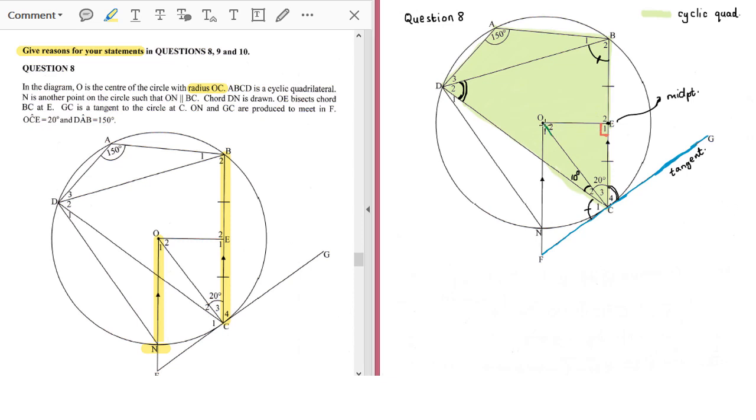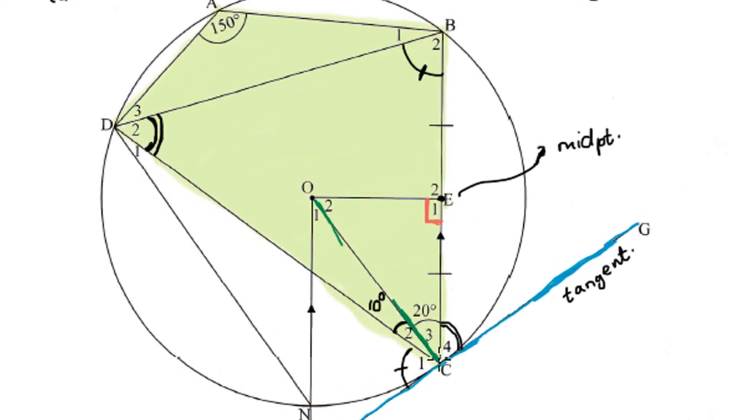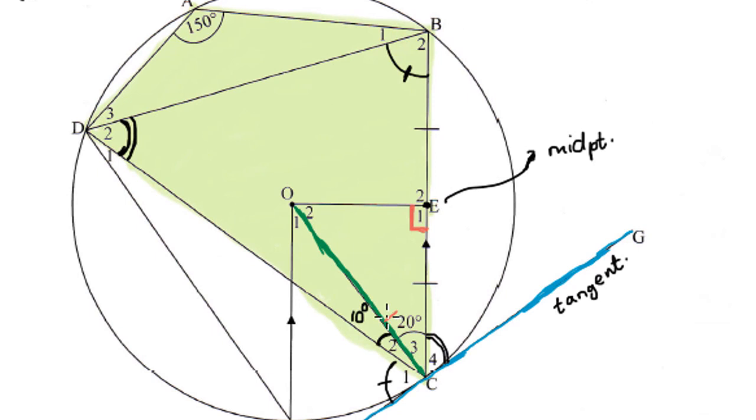I'm going to color it in green. We know that where it makes contact with the tangent, it forms a 90-degree angle. So we basically have a 90-degree angle over here. Right, it's going to be huge, but you basically get the point. And also it's going to be on the other side as well, but I'm not going to put that much information into the diagram. We do know that that 90-degree angle is on the other side as well.